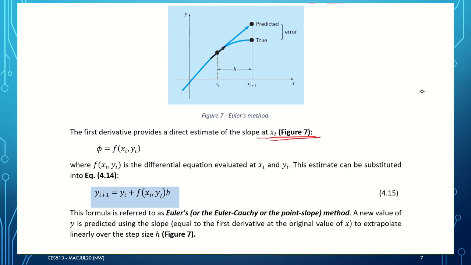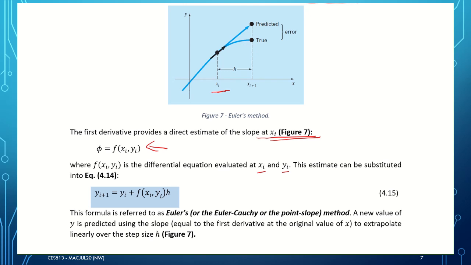From figure 7, we can see the location of xi, where the slope is equal to f of xi and yi, where the function is the differential equation evaluated at xi and yi.